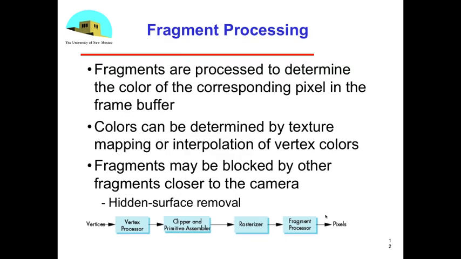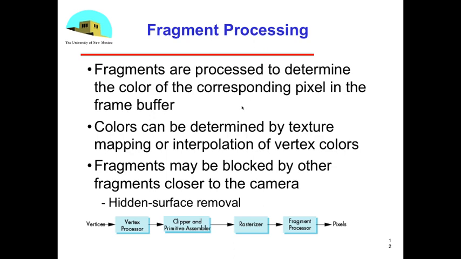Okay, what can you do with a fragment processor? Its main job is to finalize the color of the pixel, and it may also do some determination of whether that pixel is visible or not through hidden surface removal. If something is in front of it which is opaque, I won't see it, and that is handled somewhere along the line by a hidden surface removal process that actually occurs a little after this, but we'll talk about that later in the class, actually fairly soon, because we're going to need that.